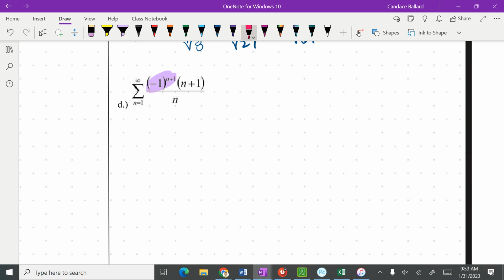So, first thing I check is, what do I have to write first? Limit as n approaches infinity. And remember, I'm only looking at this piece right here, right? So n plus 1 over n. I ignore the alternating part. All right, what's that equal to?